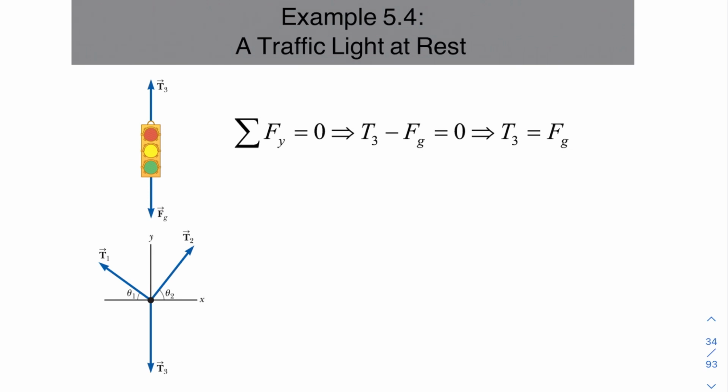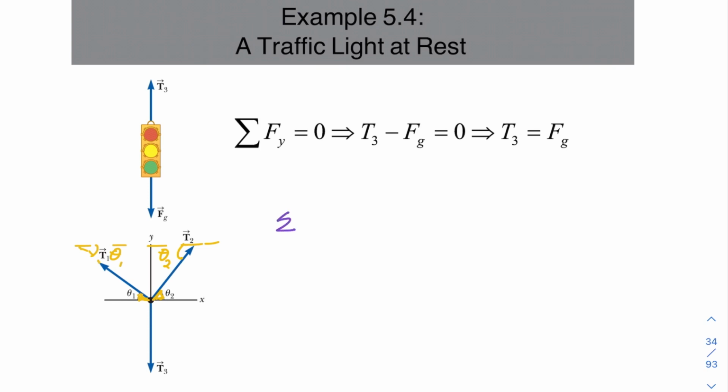For the other two tensions, T1 and T2, we can transfer the information to this diagram. If you still remember, here is theta 1, so here will be theta 1, and here is theta 2 just now, so here will be theta 2. Now let's resolve for the second diagram there.